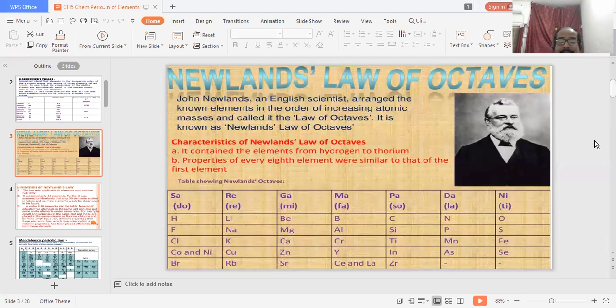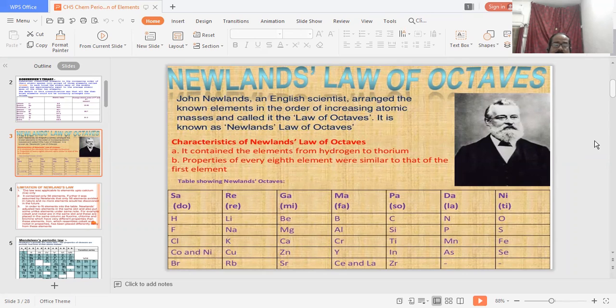In English the notes are do re mi fa so la ti. So this system is based on music, and according to this law, every eighth element has similar characters to the first.